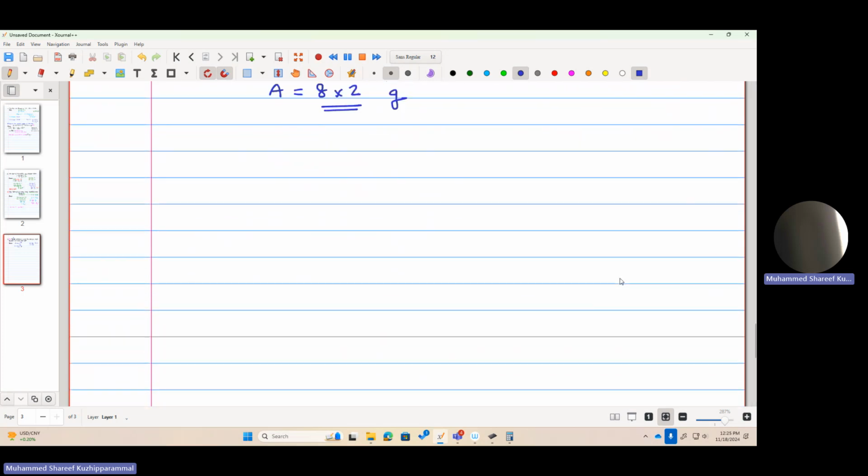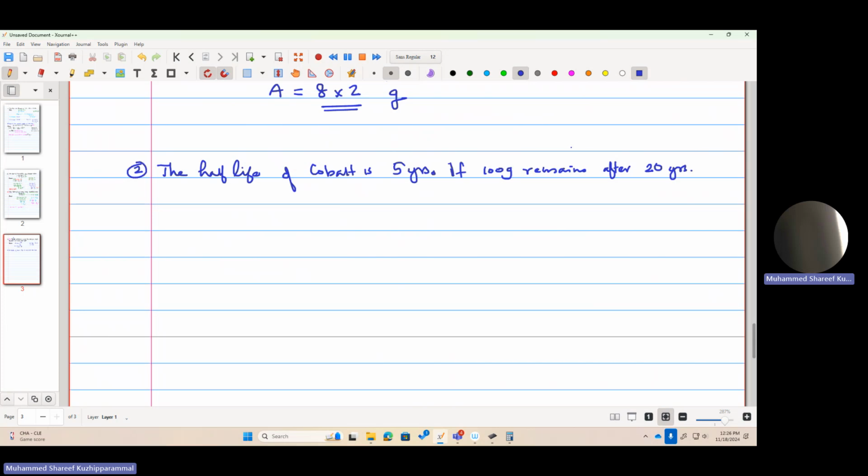Question number 2. The half-life of cobalt is 5 years. If 100 gram remains after 20 years, so they have given the amount of the substance after 20 years.